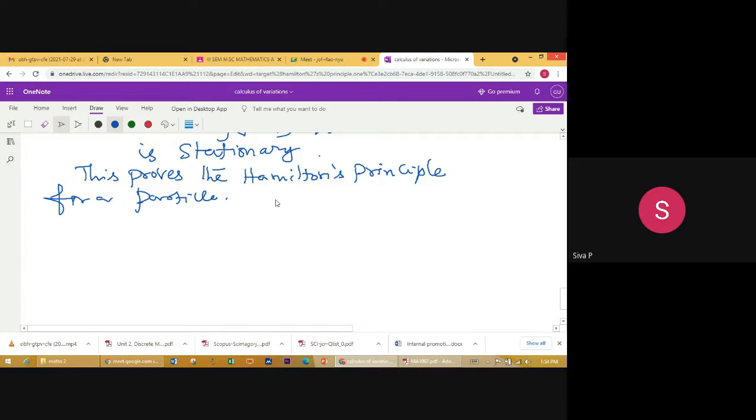Its derivation can be extended to a system of particles by summation and to a rigid body by integration.